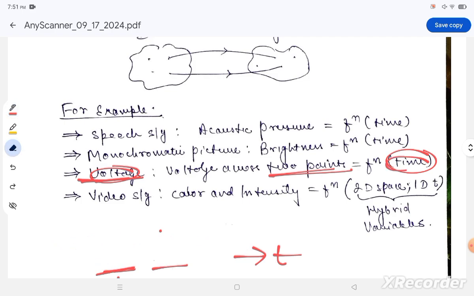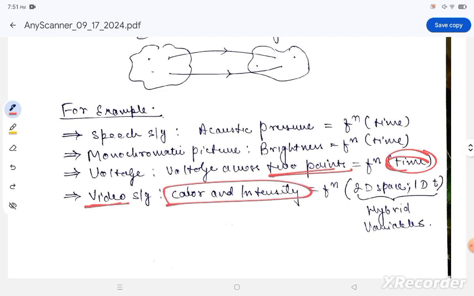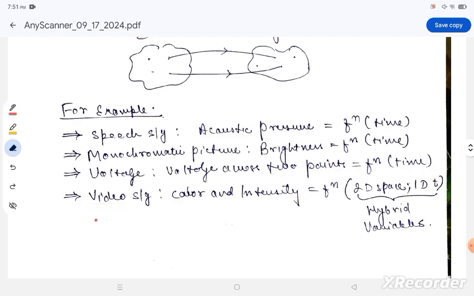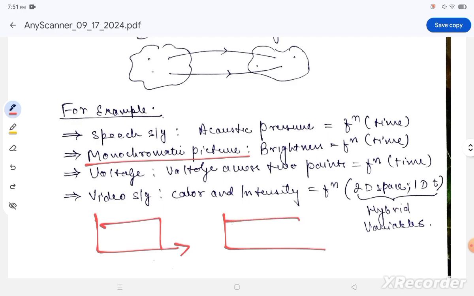Now I was telling you about hybrid signals. I have given you an example also, the video signal, which has color and intensity. Coming back to the same kind of example as the monochromatic picture, I am drawing frame 1 of the TV and frame 2 of the TV.